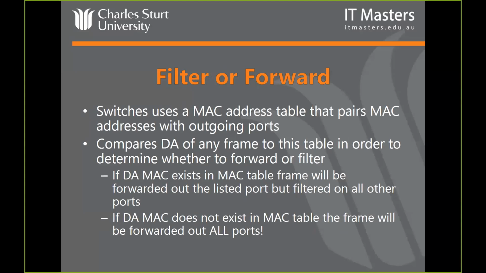So as a frame comes in through the switch, it looks at the source address and says, okay, that source address came through, say, port 2, and it builds an entry in its MAC address table which says that MAC address comes from port 2. As frames come into the switch, it starts to build a picture of the network from a layer 2 perspective, which MAC addresses are on which port.